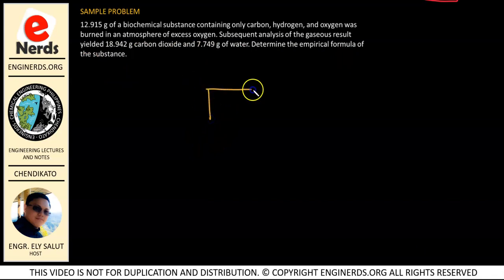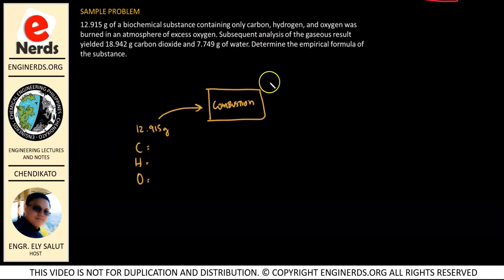So let's say this is our combustion chamber, no? And then biochemical substance is our feed, kung saan ang weight niya is 12.915 grams. Okay? And ang component niya lang is carbon, hydrogen, and oxygen. So yan lang ang component ng ating fuel, no?